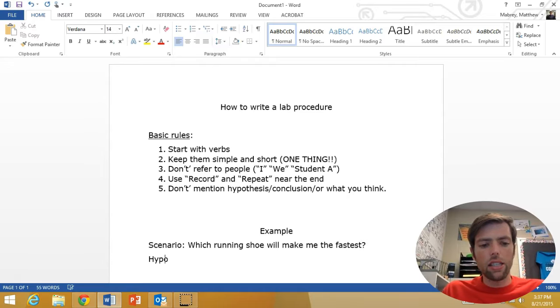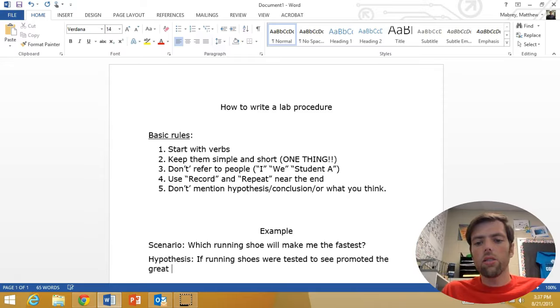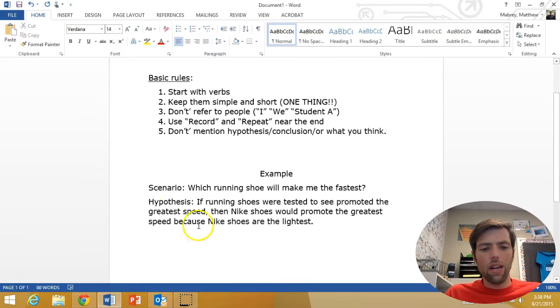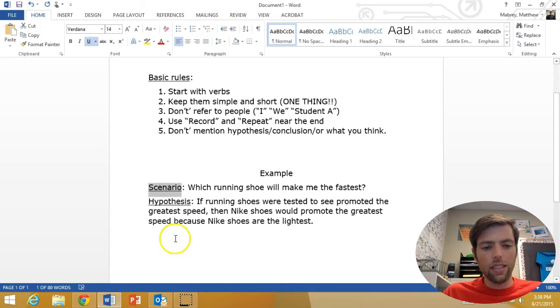And let's say my hypothesis is: if running shoes were tested to see which promoted the greatest speed, then Nike shoes would promote the greatest speed because Nike shoes are the lightest. So let's figure out what a procedure would look like to test that hypothesis.